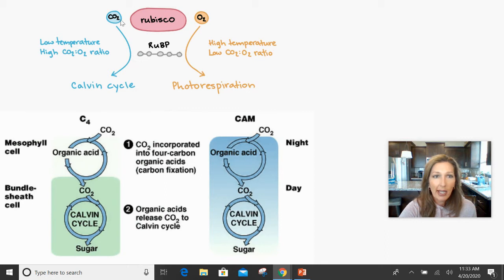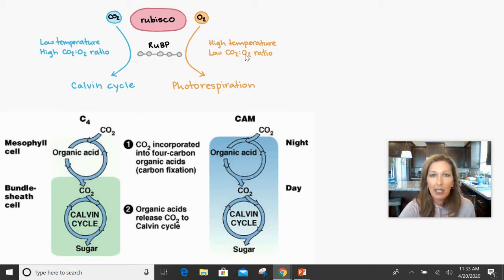Because what happens, as we know, carbon dioxide has to diffuse into a plant through the stomata, but it's also through the stomata that water escapes. So in dry, arid environments, if water is escaping too fast, that closes the guard cells. And when you close the guard cells, that lowers the carbon dioxide concentration.